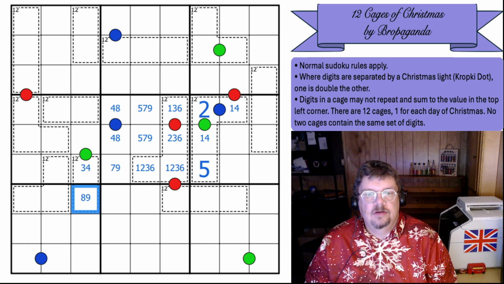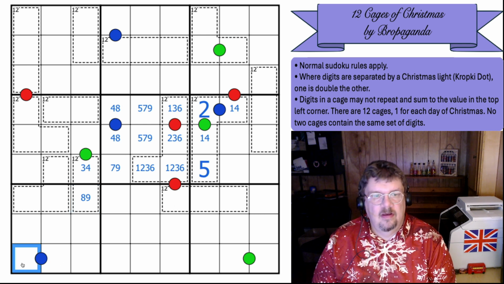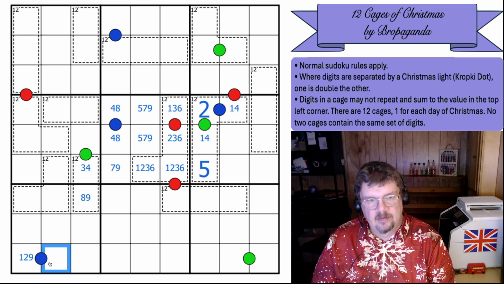Okay. 3-cell cages. We've got 7 of those, I think. 1, 2, 3, 4, 5, 6, 7. All right, how many different ways can we make that up? So if there's a 9, we need a 1 and 2. If there is an 8, we need 4 more, which has to be 1 and 3.